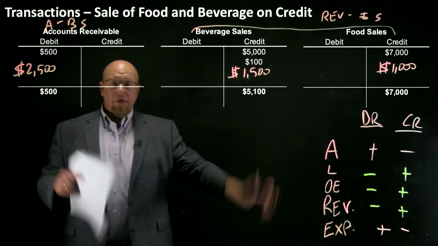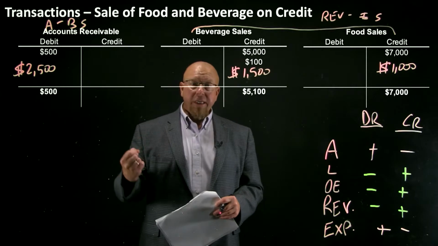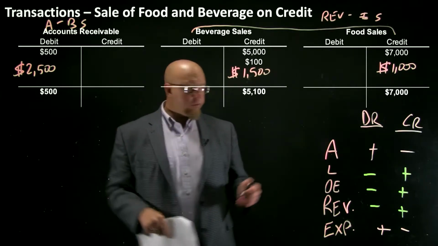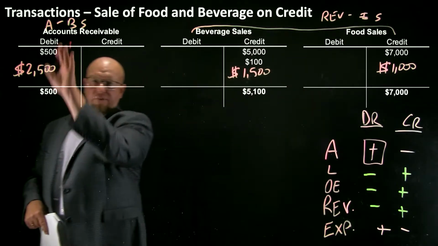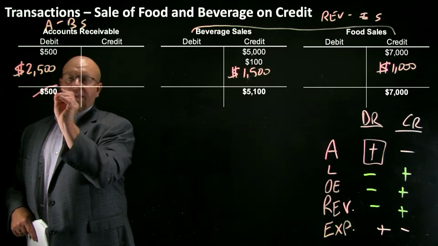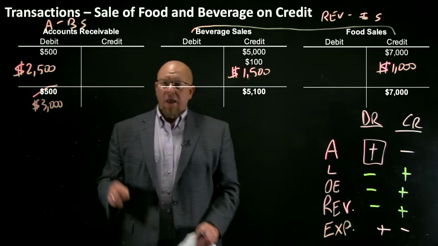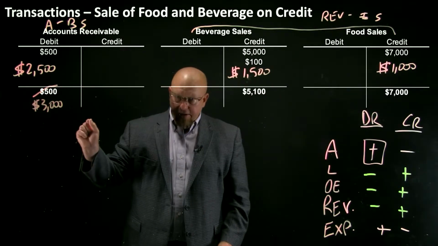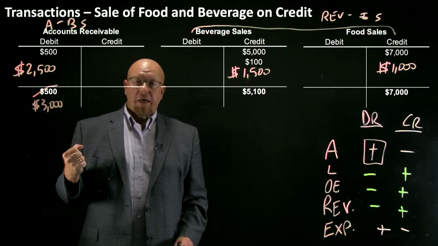We choose to separate our revenue into two different accounts because we think that's meaningful. So what's the impact of this transaction? Accounts receivable is an asset. It's increasing. It's going to go from $500 all the way up to $3,000. And what that really represents is our customers at the end of this period, or at least at this point in time, owe us $3,000.